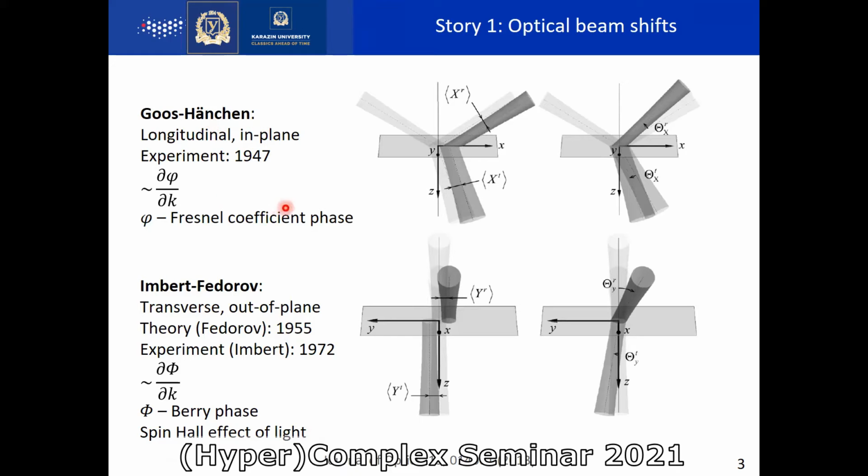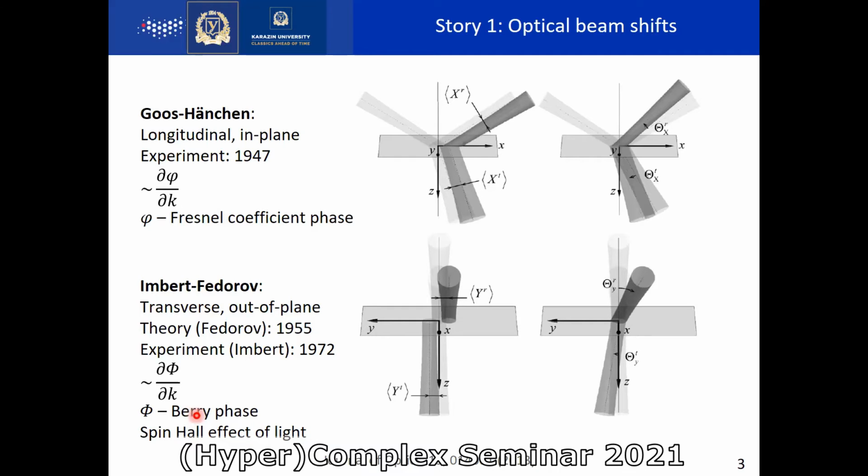So you can see two points. First, the shifts were discovered quite a long time ago, so for decades, thousands of scientists have published thousands of articles describing these phenomena and constructed, of course, analytical models. And secondly, the Goos-Hänchen and Imbert-Fedorov shifts have different natures. The first is proportional to the Fresnel phase, the second to the Berry phase.